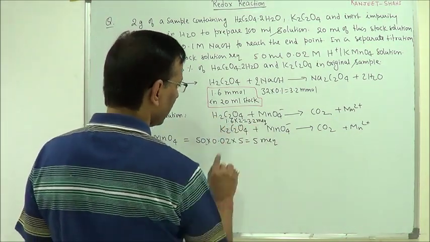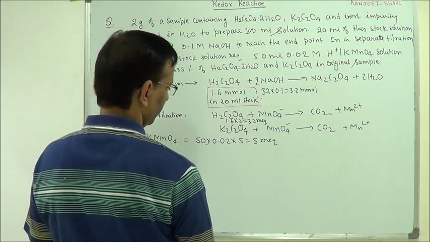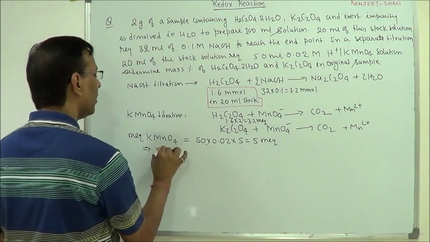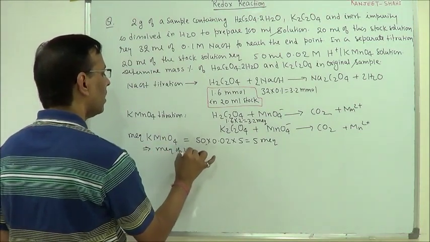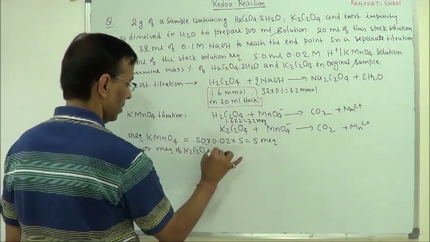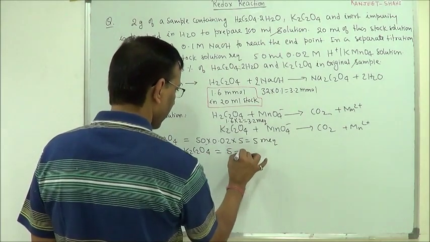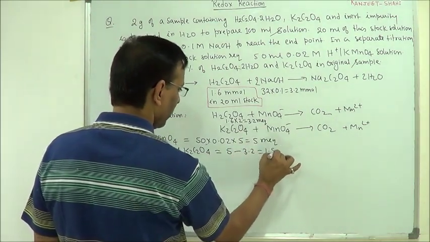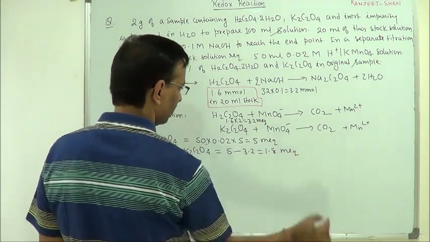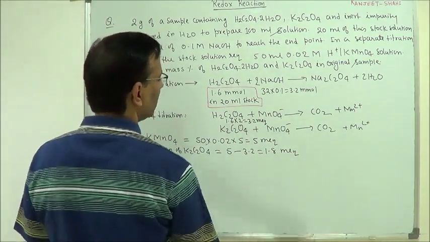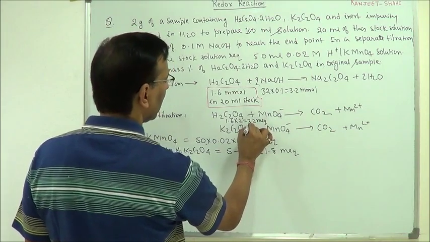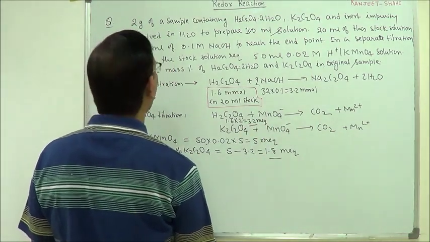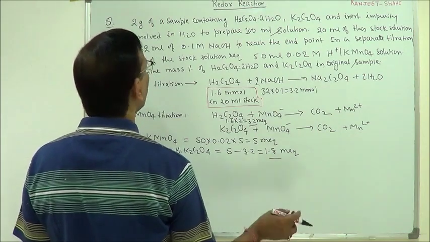So balance for K2C2O4. So milliequivalent of K2C2O4 will be 5 minus 3.2, so 1.8 milliequivalent. And these are the milliequivalent and millimole in 20 ml.